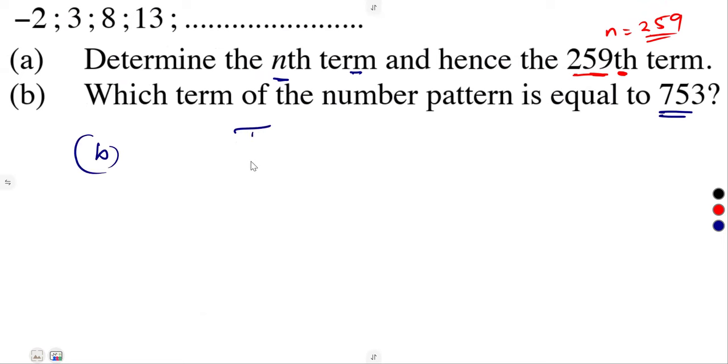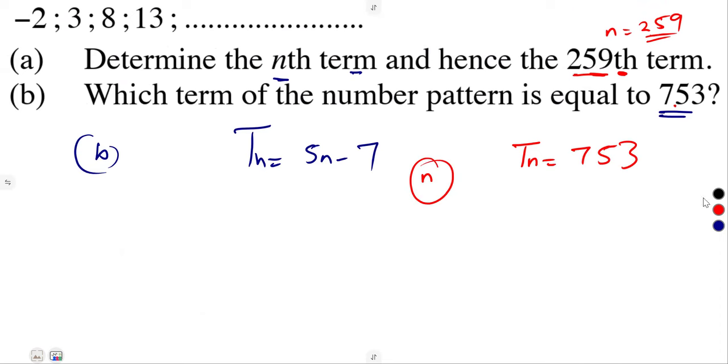Remember we calculated our Tn from the previous one, and we said it's 5n minus 7. This is what we got. Now we are given that the same Tn is 753. So find n from there.